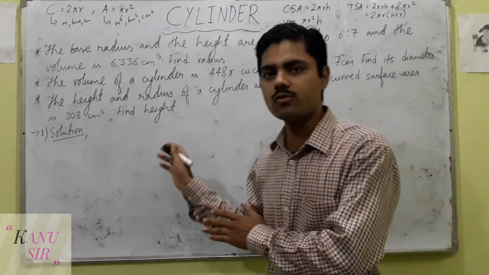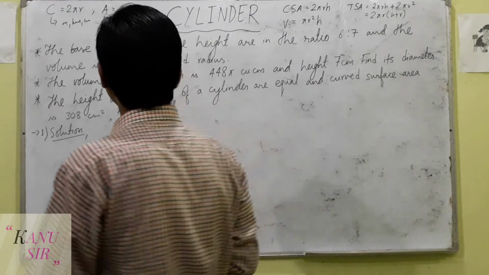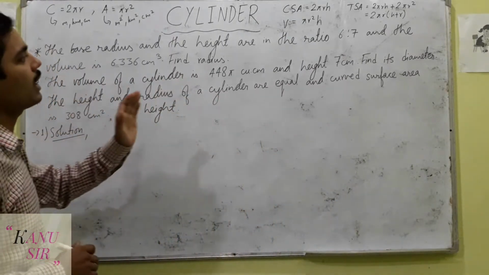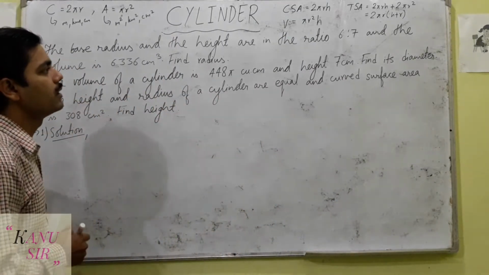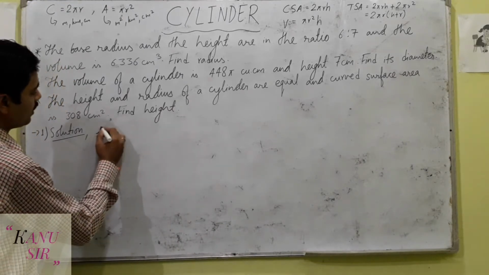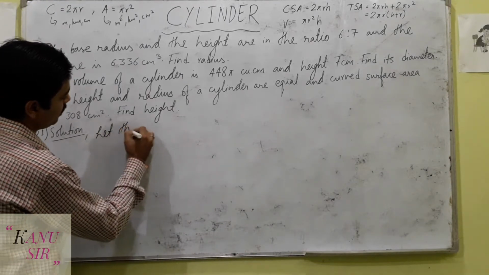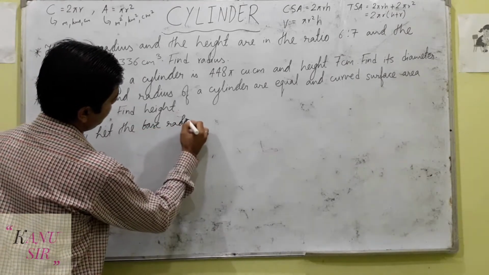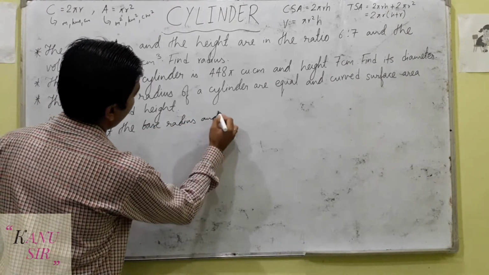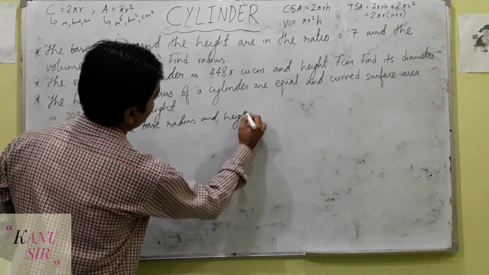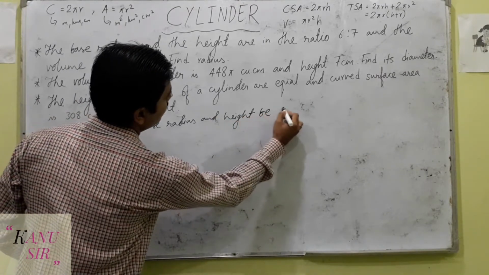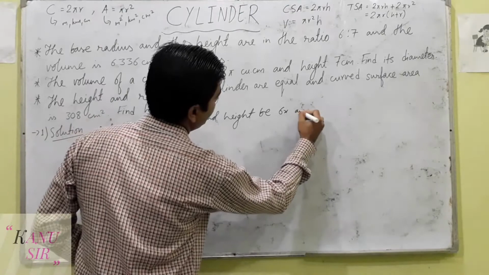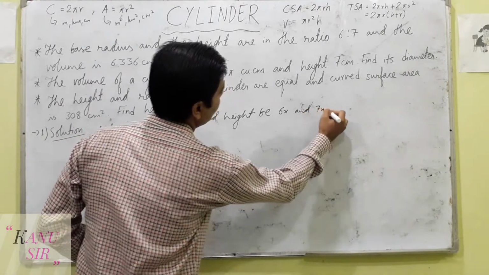So the first question today is: the base radius and the height are in the ratio 6:7. So we'll write, let the base radius and height be 6x and 7x.